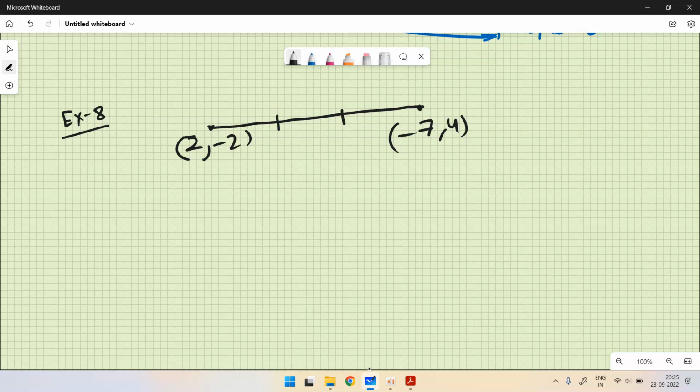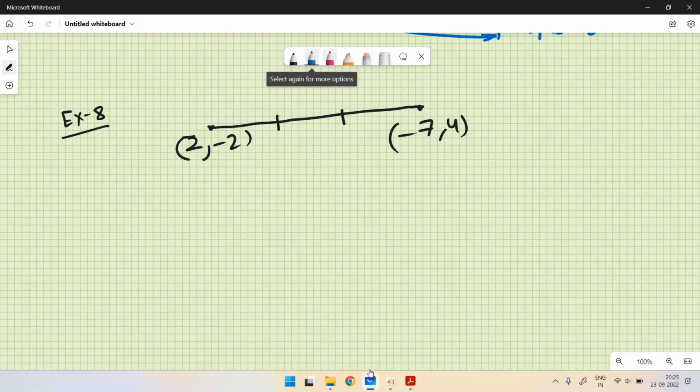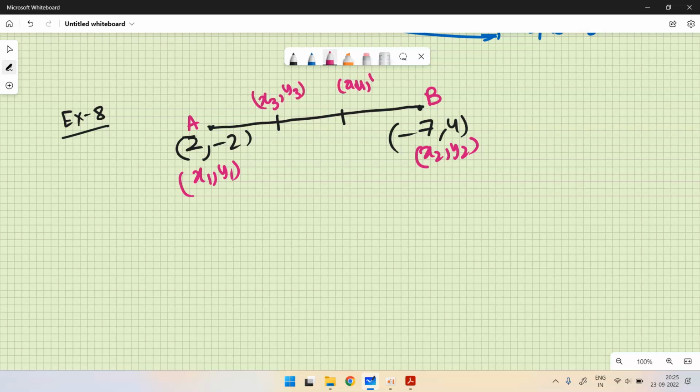Now there is a trick for this question. Let us say this is x1 y1, this is x2 y2. Take this to be x3 y3, and this is x4 y4. This is point P1, this is point P2.